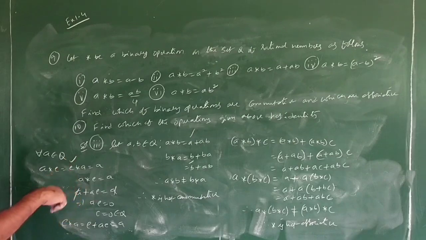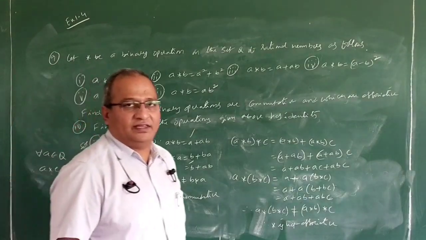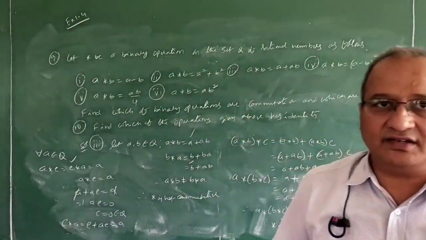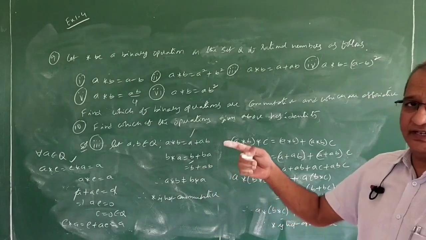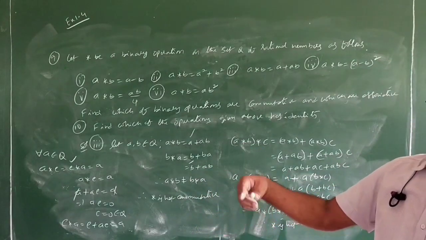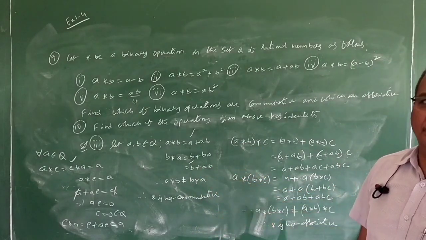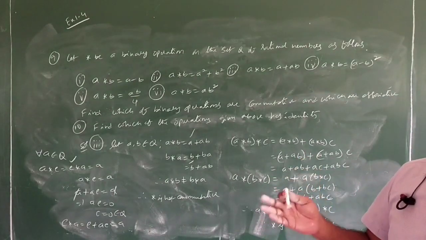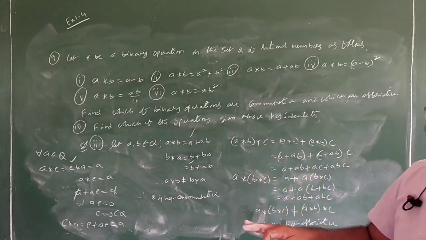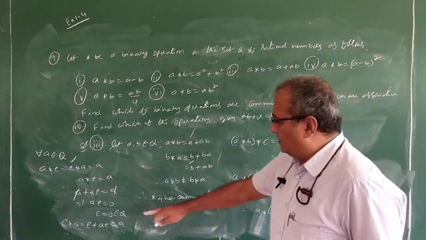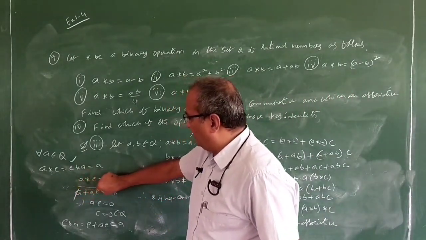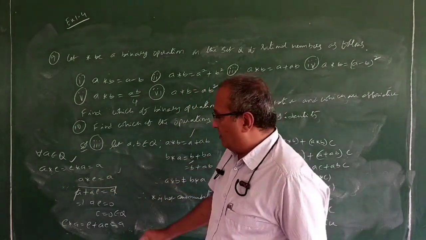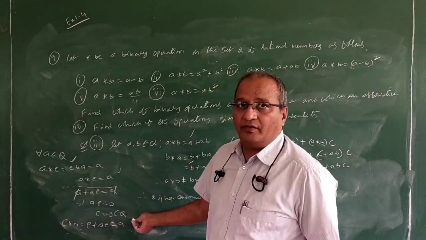In the previous problem, we checked only one thing, the other one was not checked. See, in the first element itself, we did not get a complex number. So that's why there we did not discuss E star E. Only we discussed A star E. Here I checked A star E. When you take A star E, we are getting A. E is an element of Q, but we cannot decide.